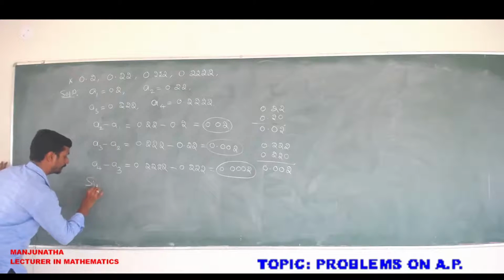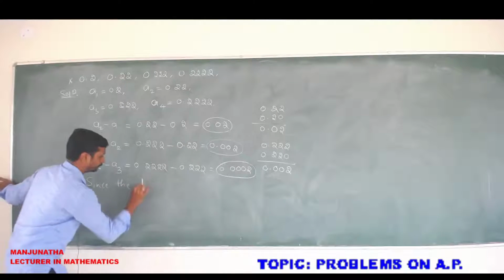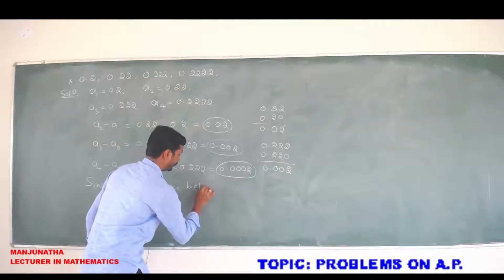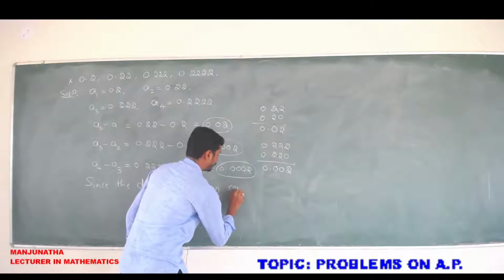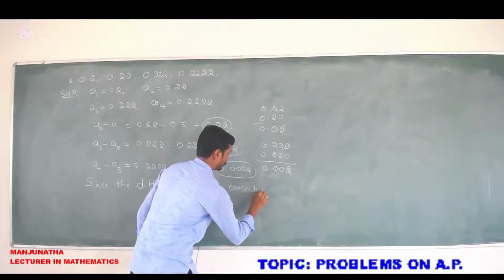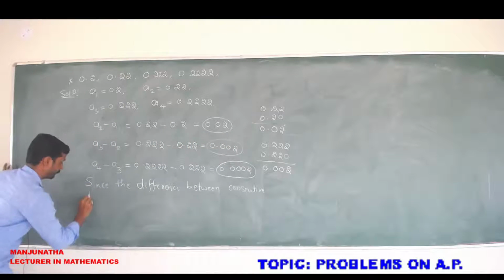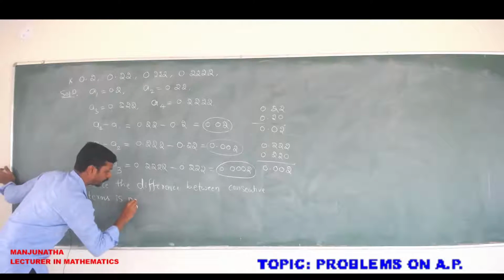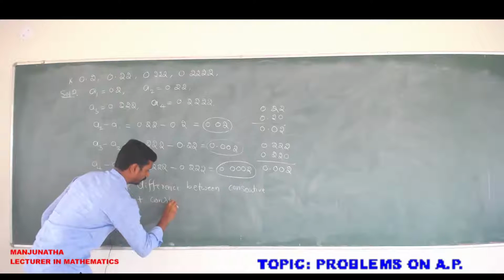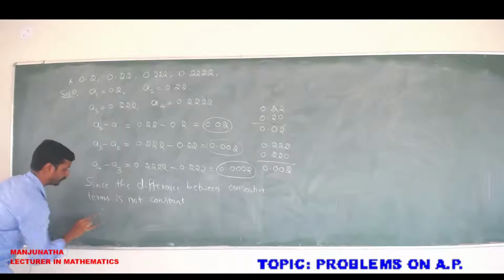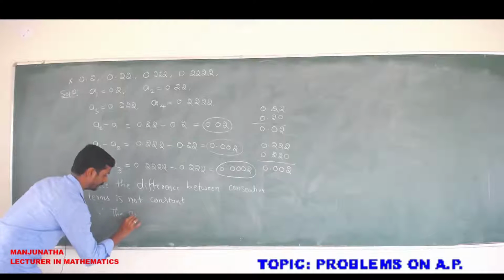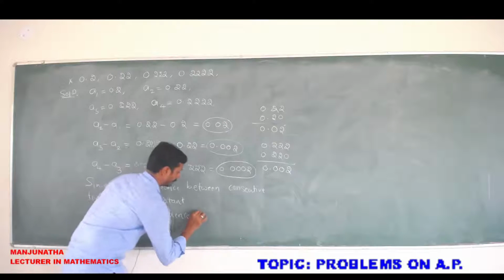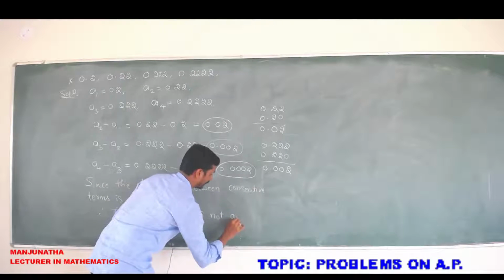Therefore we write the result here: since the difference between consecutive terms is not constant, therefore the given sequence is not an arithmetic progression.